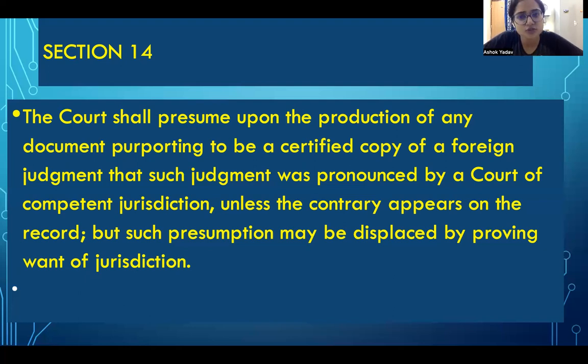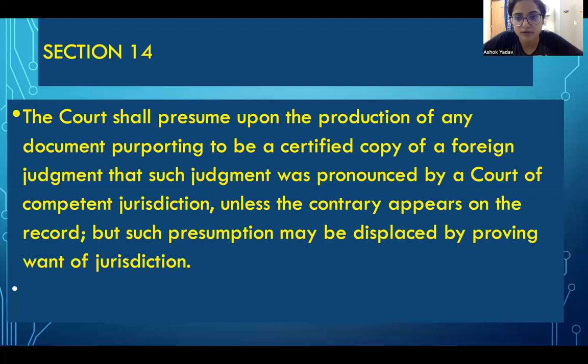If it is not a reciprocating territory, then we have to file a suit for its enforcement, within 3 years from the date of judgment, right?